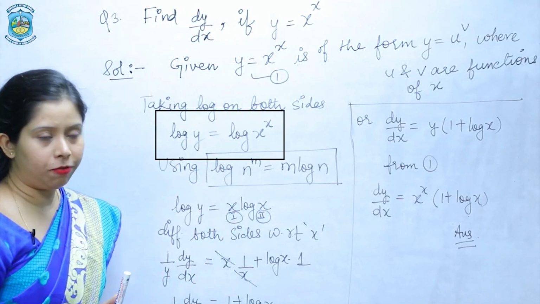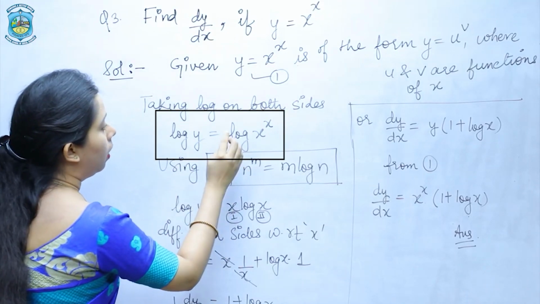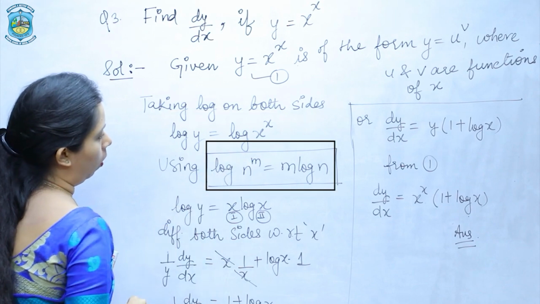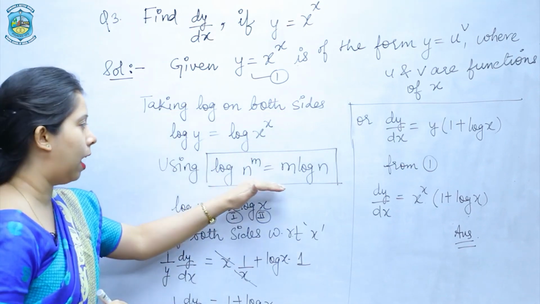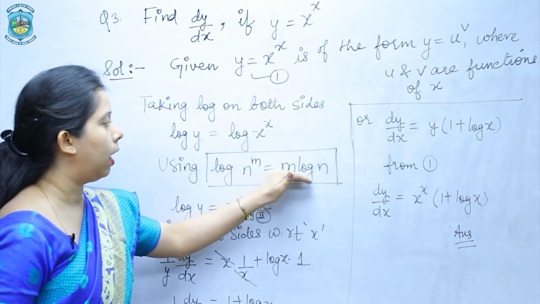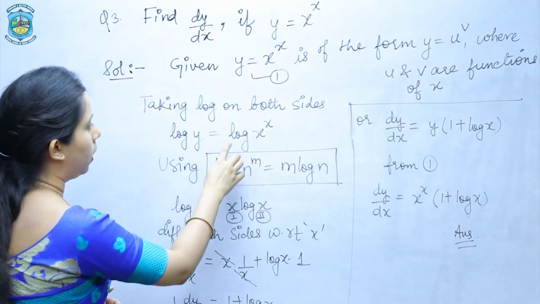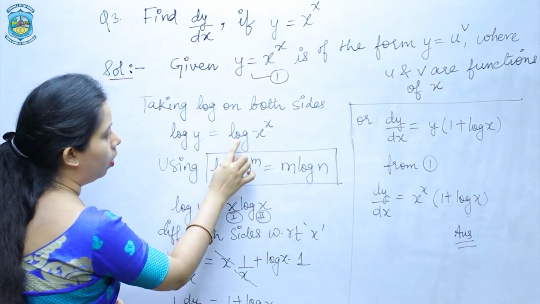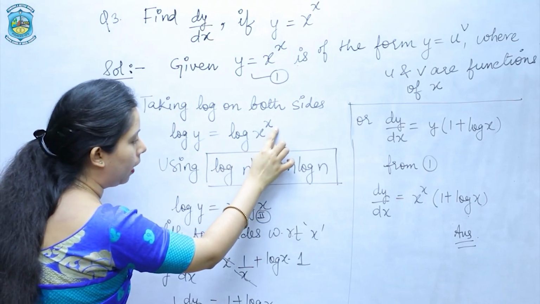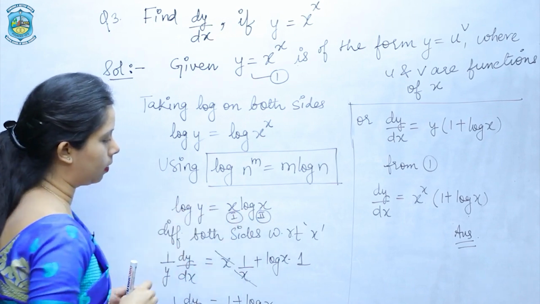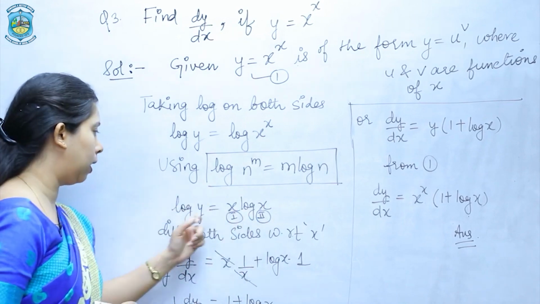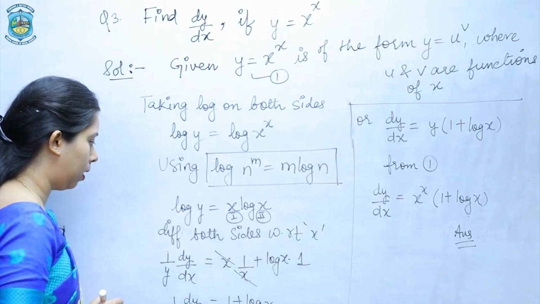Now before differentiating, we will apply the property of log, that is log n raised to the power m is equal to m into log n. So here applying the property of log, log x raised to the power x can be written as x log x. Now differentiating both sides with respect to x.